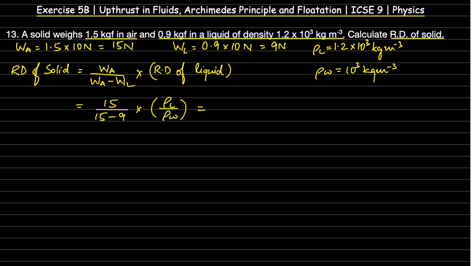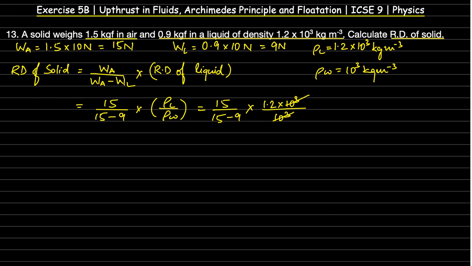So here relative density of liquid happens to be density of liquid divided by density of water. So we can write 15 divided by 15 minus 9 into 1.2 into 10 to the power of 3 divided by 10 to the power of 3. 10 to the power of 3 cancels.